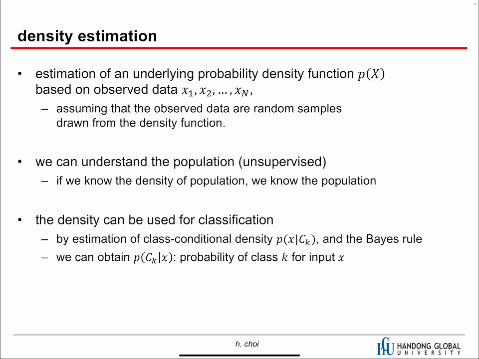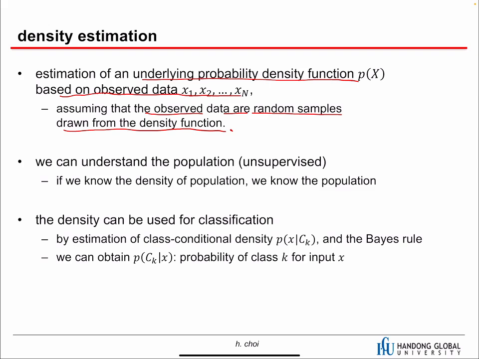Now let's talk about density estimation. Density estimation is an estimation of an underlying probability density function P of x based on the observed data samples, assuming that the observed data are random samples drawn from the density function. This is quite an important assumption.